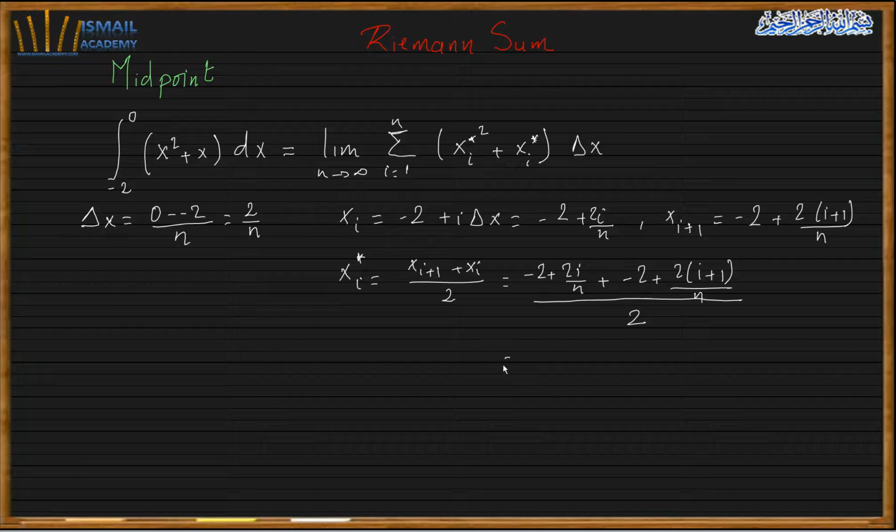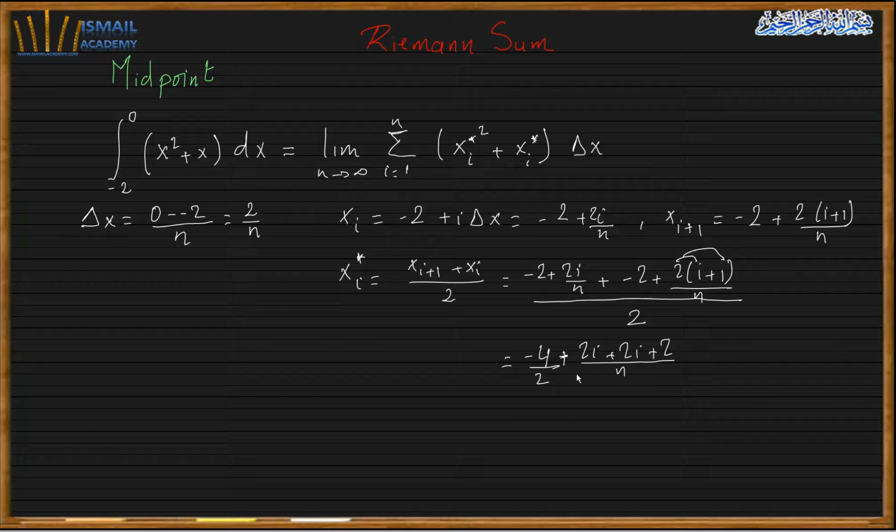So here I will have minus 2 minus 2, which is going to be minus 4. So if I distribute this one here, I will have plus 2i plus 2i plus 2, and it's over n, and the whole thing is over 2.